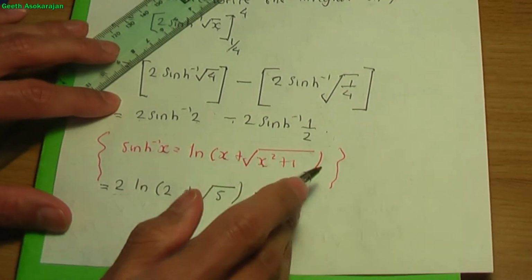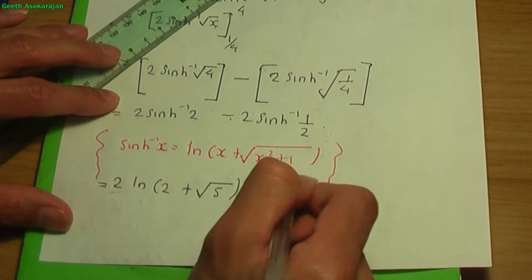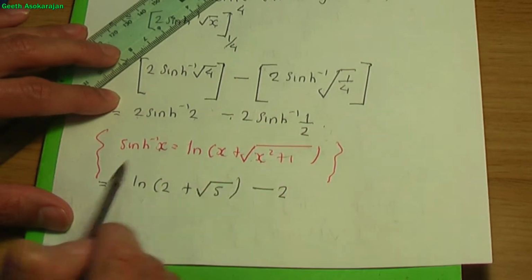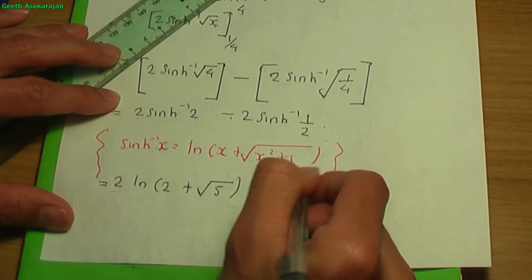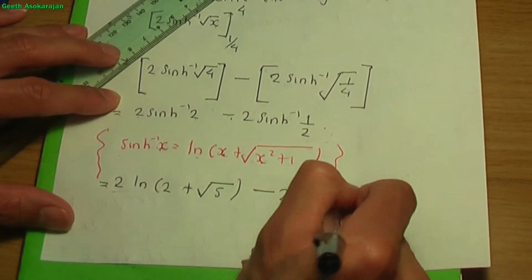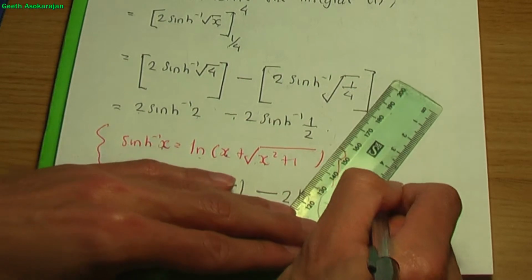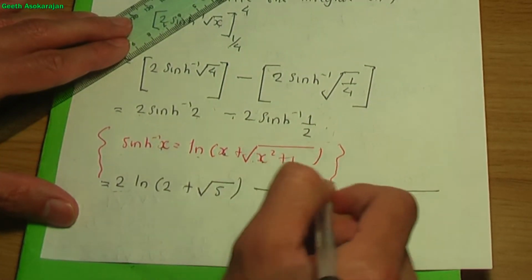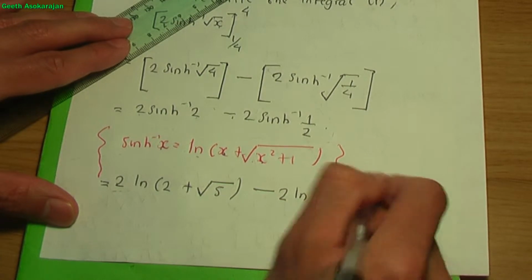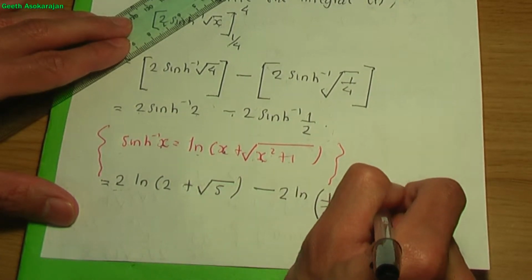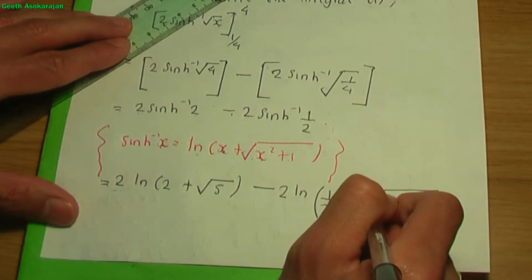Minus, let's do the same here. So we have 2 in front. If I replace the x's in the definition by halves, we're going to have ln of half plus the root of half squared, which is 1/4. 1/4 plus 1 is 5/4.